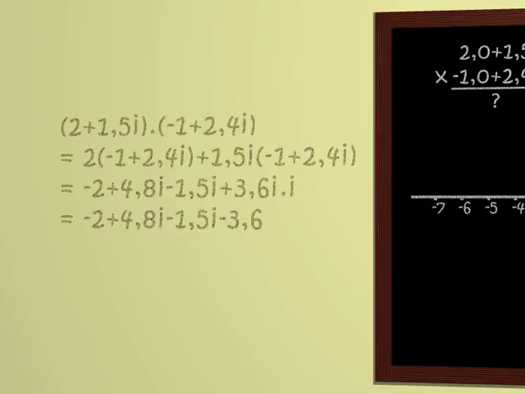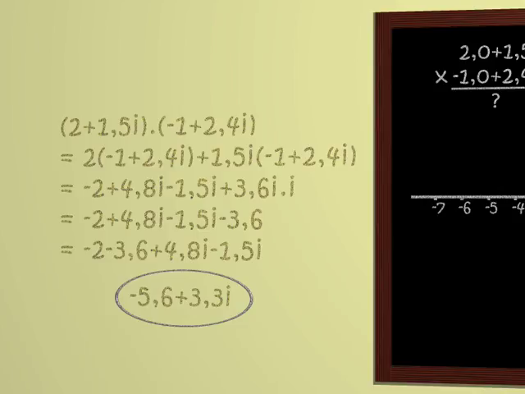Let's clean up a bit. We find -2 minus 3.6 plus 4.8i minus 1.5i. That's -5.6 plus 3.3i. There you are. We know how to multiply complex numbers.